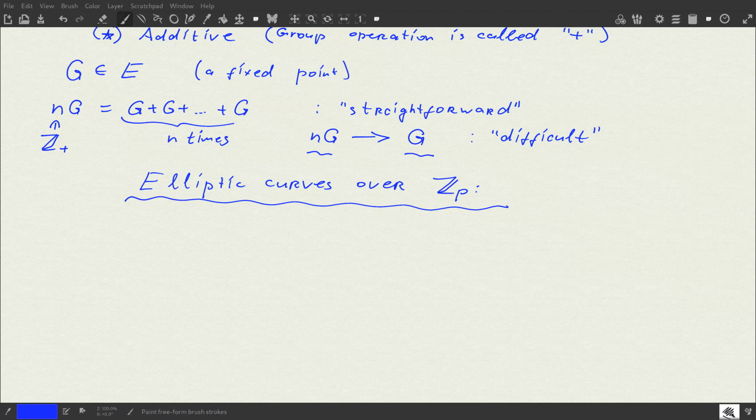For a finite field, let's get back to our drawing.